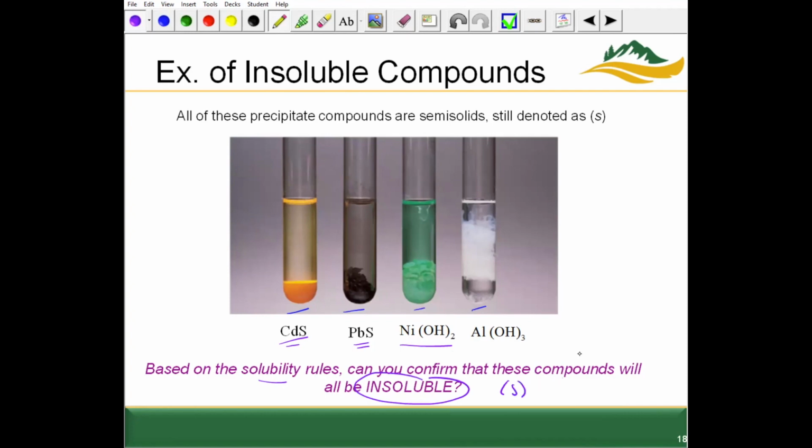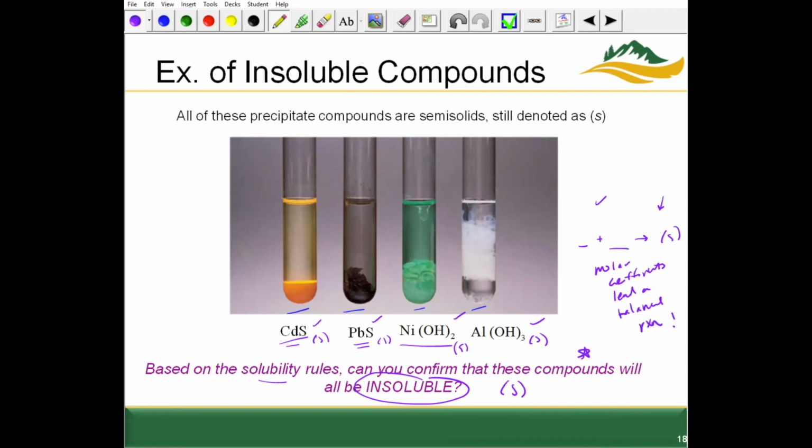So be sure to try this exercise and prove to yourself that these would form insoluble precipitates. And try to write out the full reaction too, the full balanced reaction. So the different ions on the reactant side forming some insoluble precipitate, and make sure the molar coefficients lead to a balanced reaction.